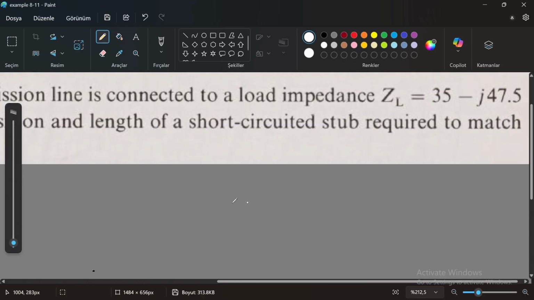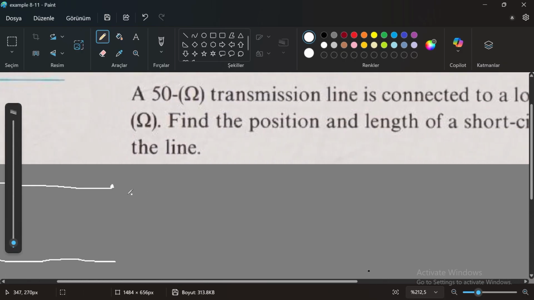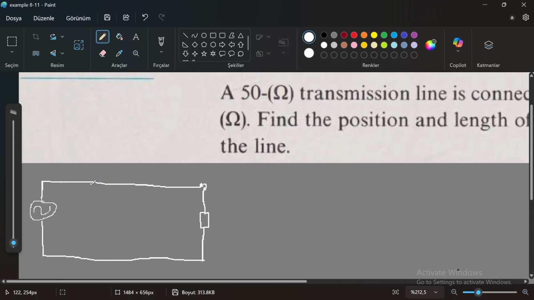We have the load impedance, here it is given, and we have a short-circuited stub.